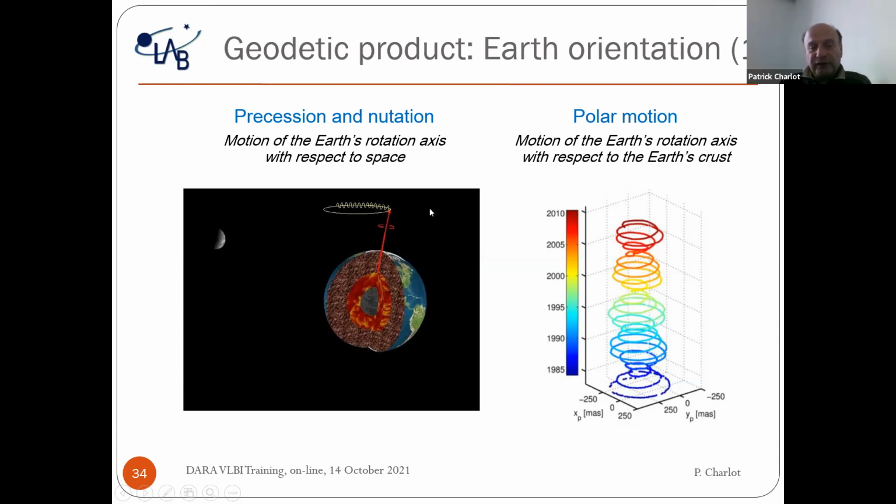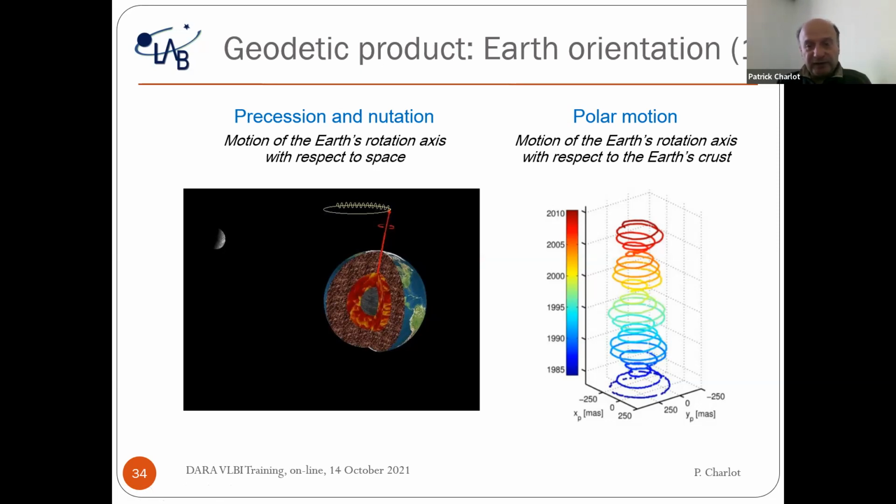You can measure this very precisely with VLBI, and these motions depend on how the Earth is made, because the Earth is not uniform and you have a core in the middle. Depending on the shape of the core and on some geophysical parameters, this affects the nutation motion. So by measuring this motion precisely, you can infer something about the Earth's interior.